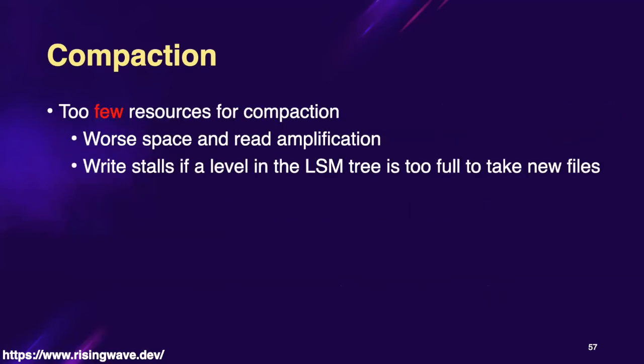If we can only statically allocate the resources for compaction, let's say if we use an existing key value store and we say we just want to use 2 threads for compaction, the problem is that sometimes, if the workload is really intensive, then we may not have enough compaction, and the space amplification is getting worse and the read amplification is getting worse. So we just cannot guarantee a stable latency, right?